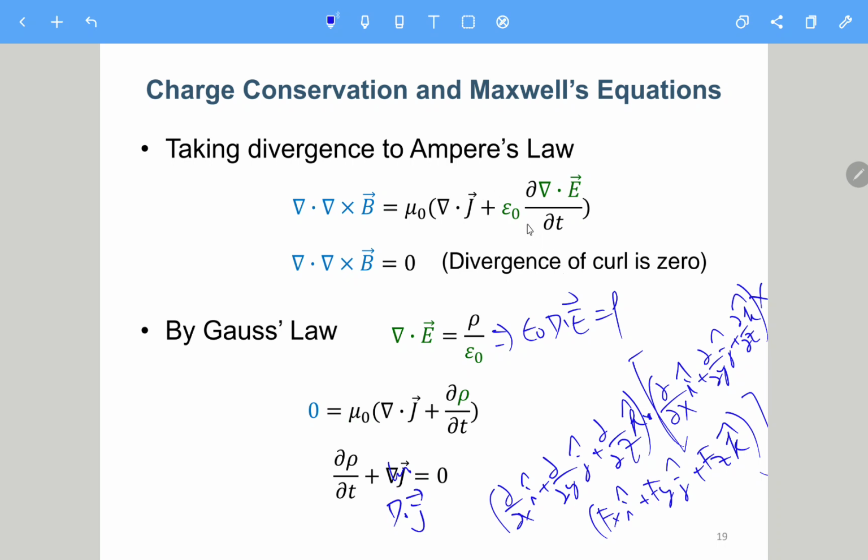So if Ampere's law also includes the displacement current term, then it will be compatible with conservation of charge. If you leave out that term, then it will not satisfy the conservation of charge. Okay, so I think this is the end.